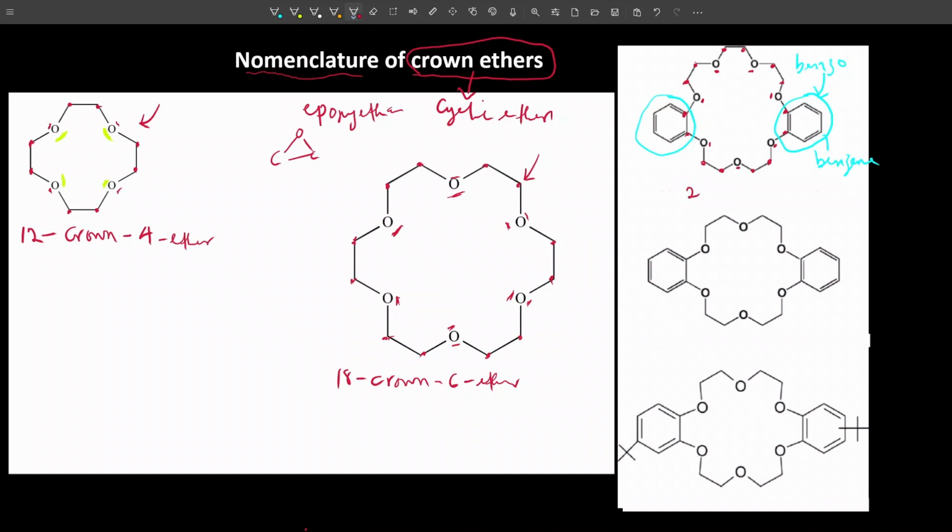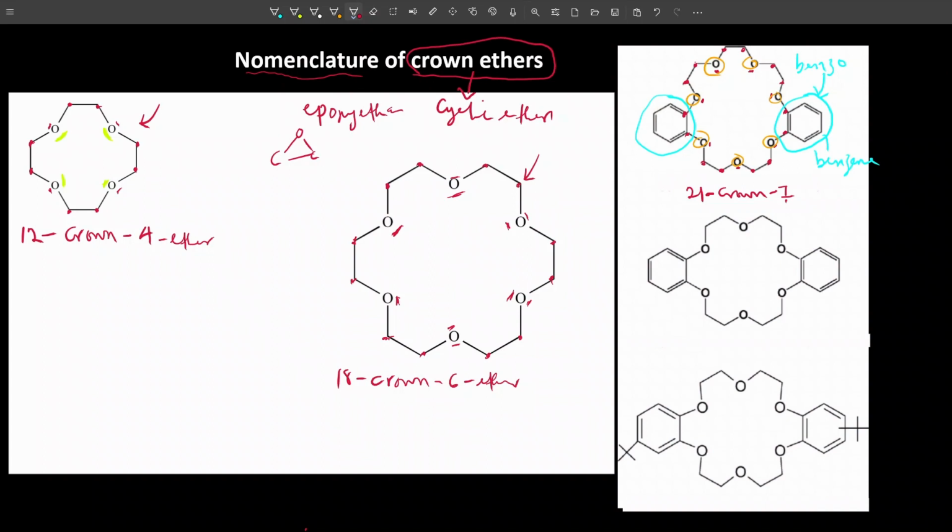So we call this 21 crown. Then count the number of oxygens we have: 1, 2, 3, 4, 5, 6, 7. So this is 21 crown 7.